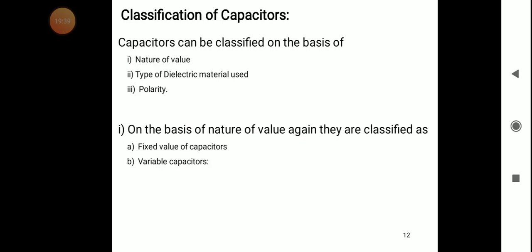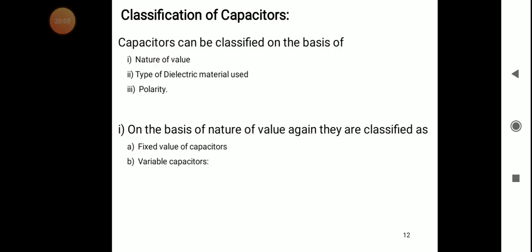If we use a super dielectric material, then the capacitor acts as a supercapacitor, meaning it has a high storage capacity. That's why capacitors are classified by the type of dielectric material. Depending on that, there are again different classifications.